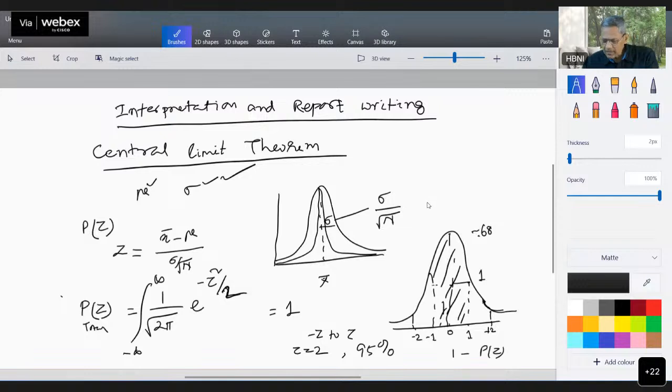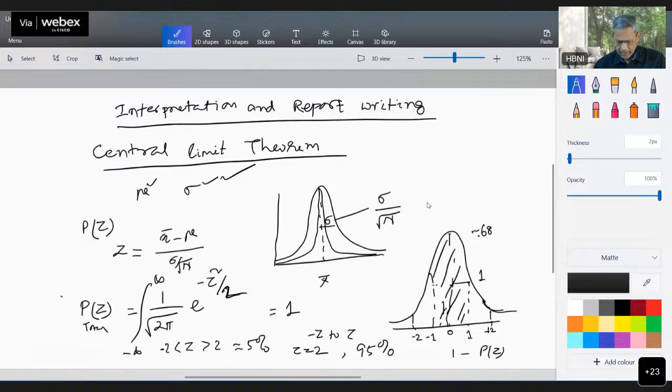When you want to talk about probability, you just take 1 minus P(z). That means the area going beyond your defined region. Suppose I put z equal to plus or minus 2. That means all the area outside, where your z value is less than -2 or greater than +2, will be roughly 5%.